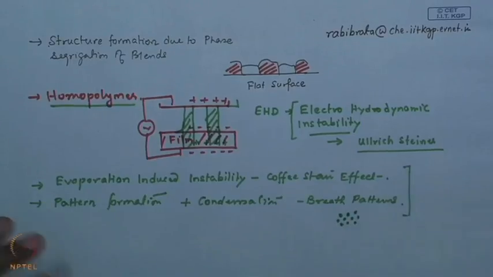So, a whole lot of things are there, and it is an advanced evolving area. So, it is not possible to really cover everything in the framework of a course.